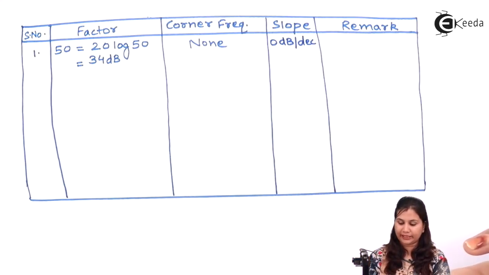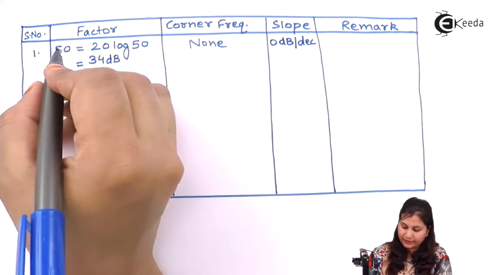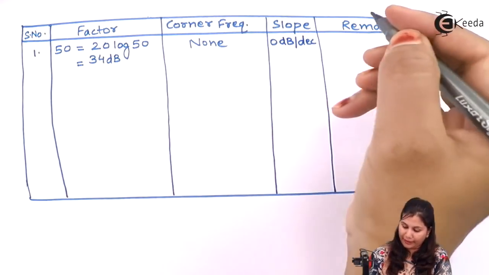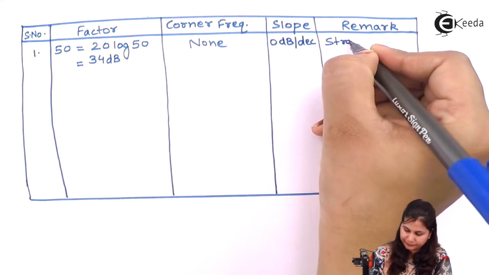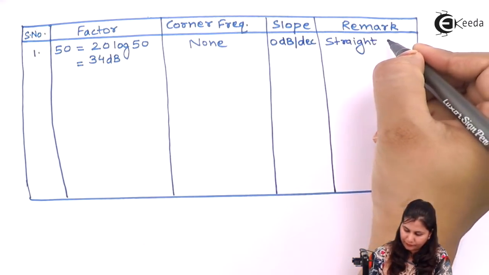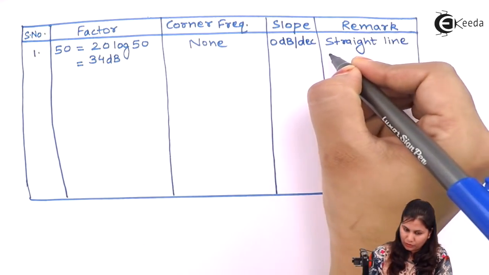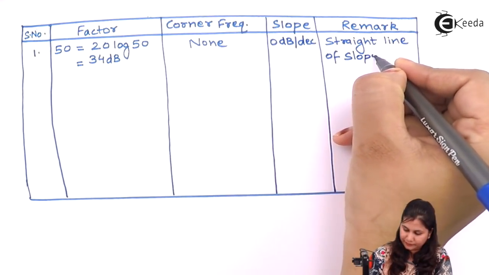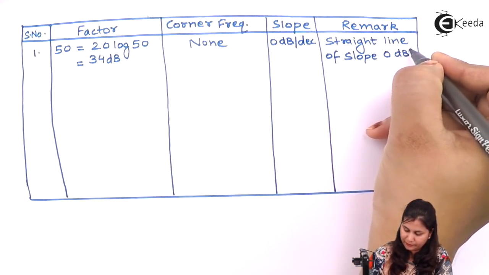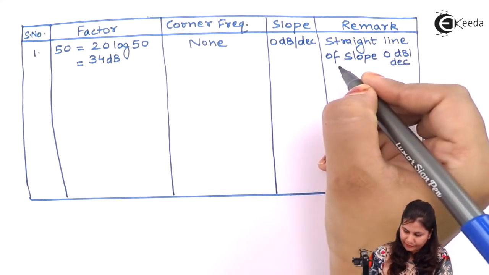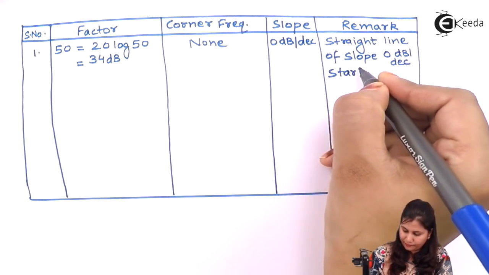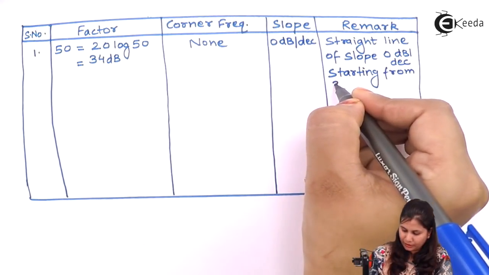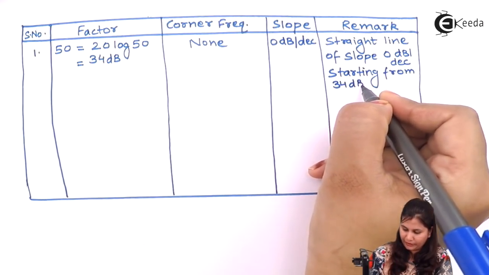0 dBs per decade will be the slope, and this constant term 50 will be represented on the Bode plot by a straight line of slope 0 dBs per decade, and it will start from the 34 dBs point.